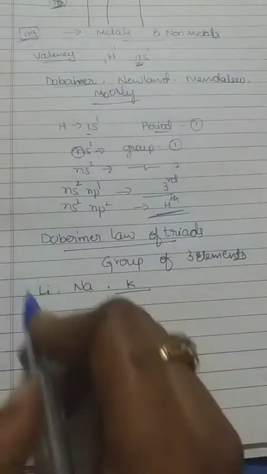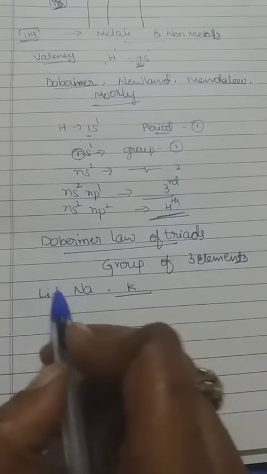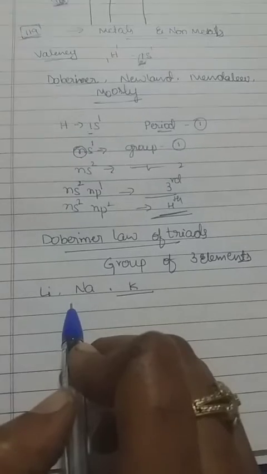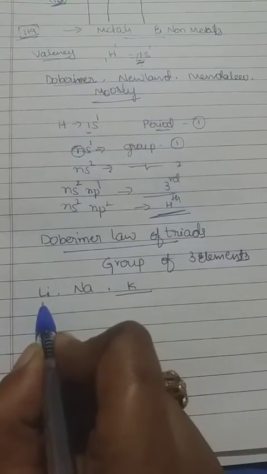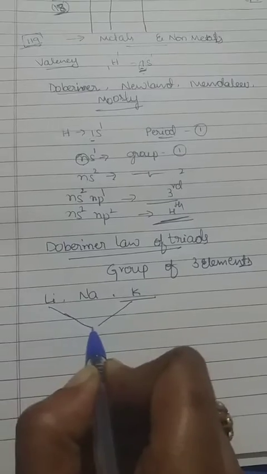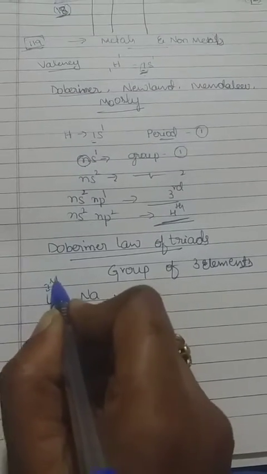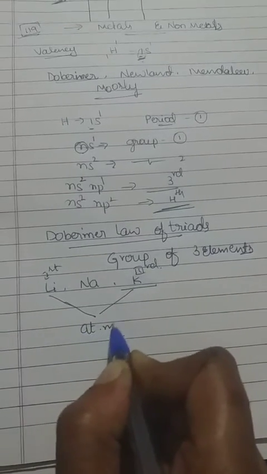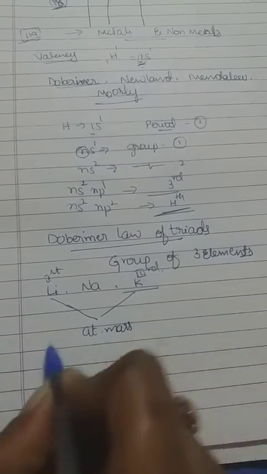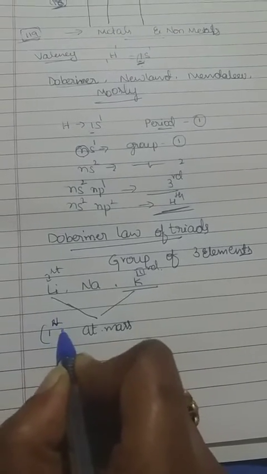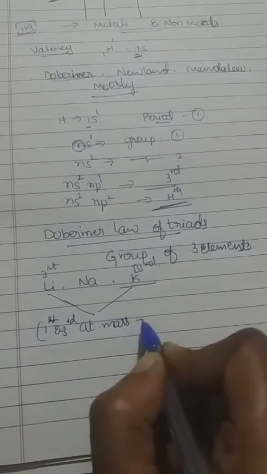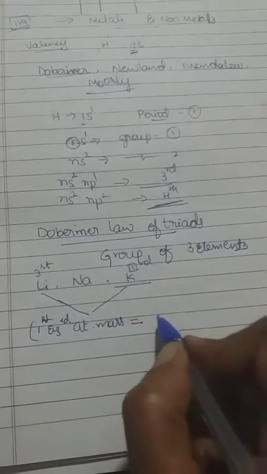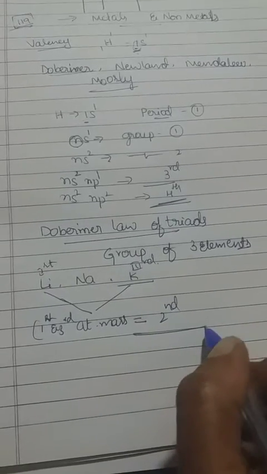So Dobereiner's law of triads states that in a group of triads, the average atomic mass of the first and the third element is approximately equal to the atomic mass of the second element. This is the Dobereiner law of triads.